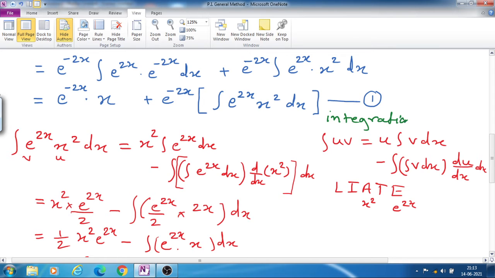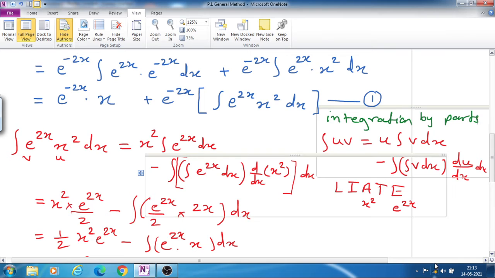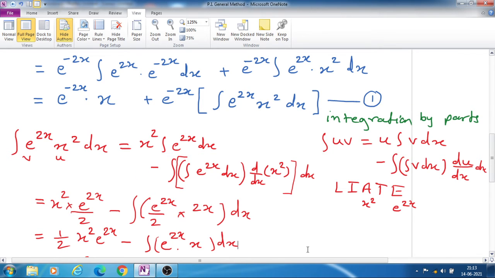So you must remember this formula: integral uv is equal to u into integral v dx minus integral of integral v dx into du by dx.